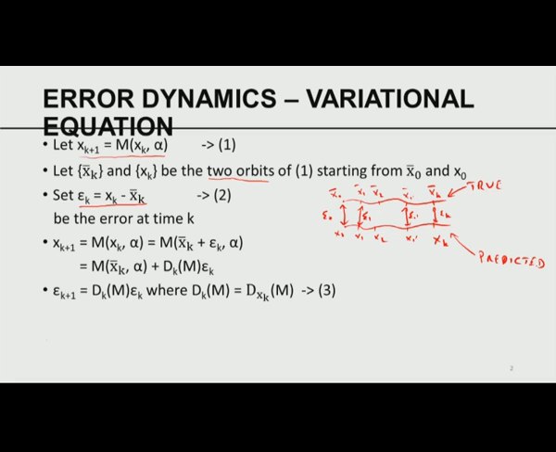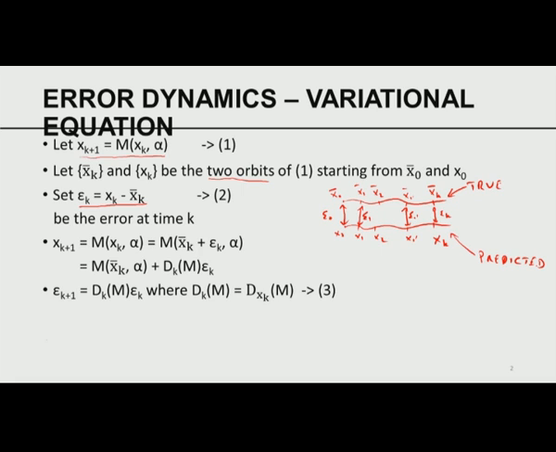The predicted trajectory is different from the true trajectory because the initial state that is used to generate the prediction was different from the true state. You can think of x_0 as the estimate of the initial condition, and epsilon_0 is the error in the initial condition. So the error in the initial condition, however small, is going to be reflected in the forecast. I am interested in the error dynamics. So the evolution of the epsilons induced by the model is called the error dynamics. That is the title of this slide.